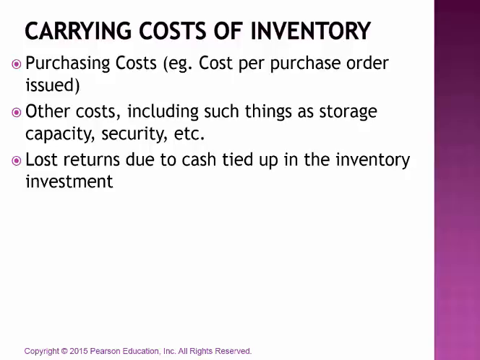If we have a lot of money tied up in investing in our inventory, that cash could be used in another way. For example, invested in stocks or bonds, getting some type of dividend return or capital appreciation, some type of bond interest payments. What else could we do with the cash?